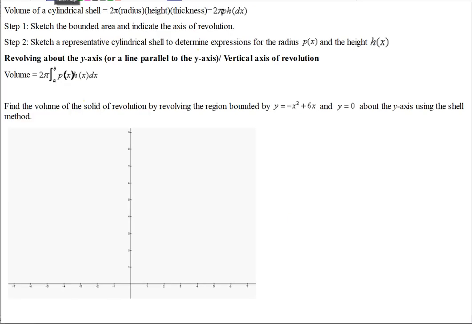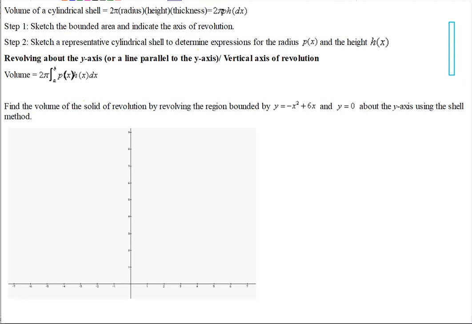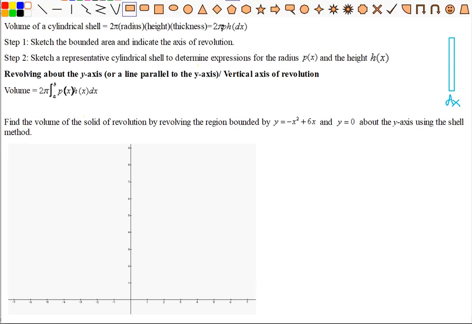All right, now let's take a look at the shell method without a calculator first. So the way to remember is the shell method is when your axis of revolution and your rectangle are parallel, or parashell. So we have a rectangle like this, and our axis of revolution is parallel to it.